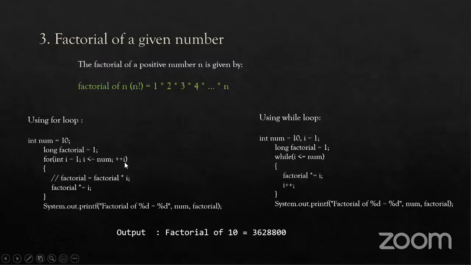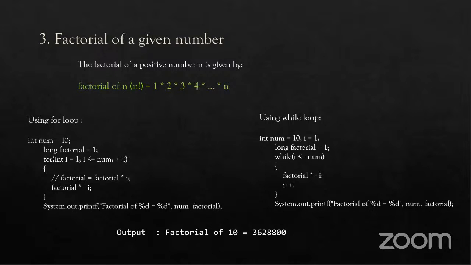Then i plus plus. Either i plus plus or plus plus i works here. If we give plus plus i, the value first increments, because here i equal to 1, so it becomes 2.